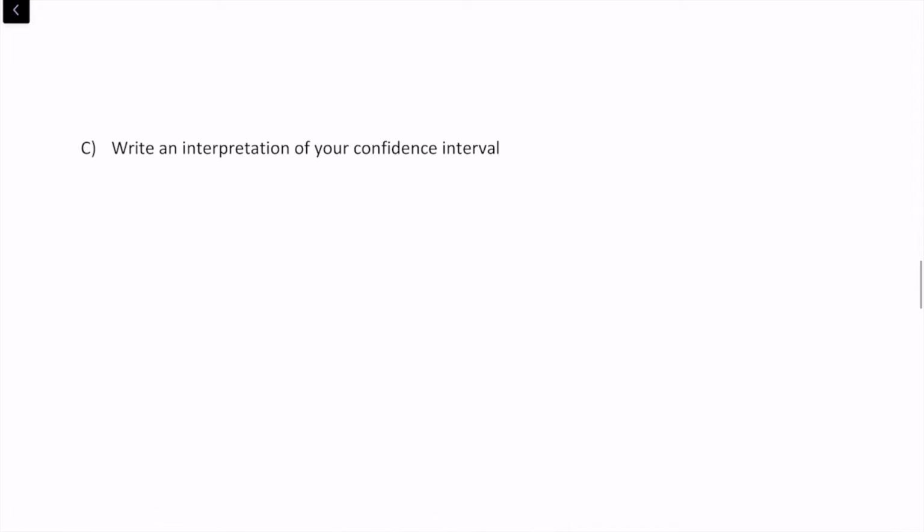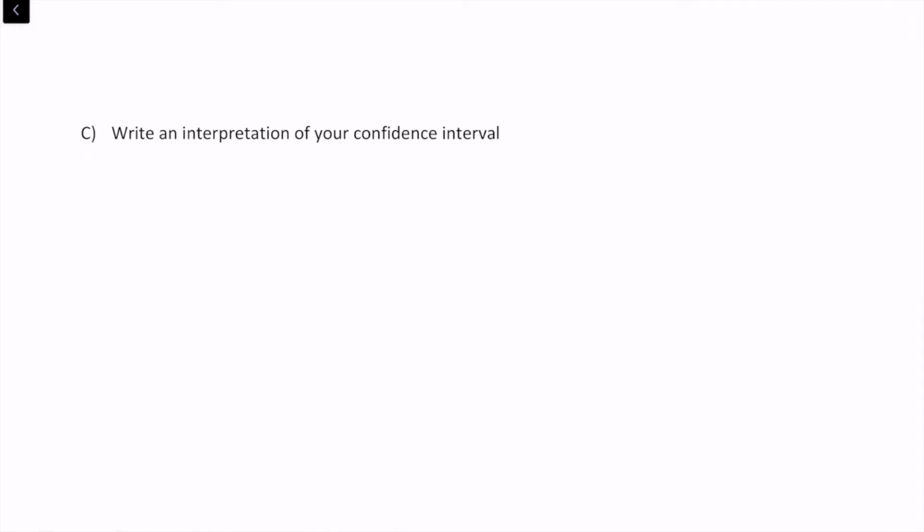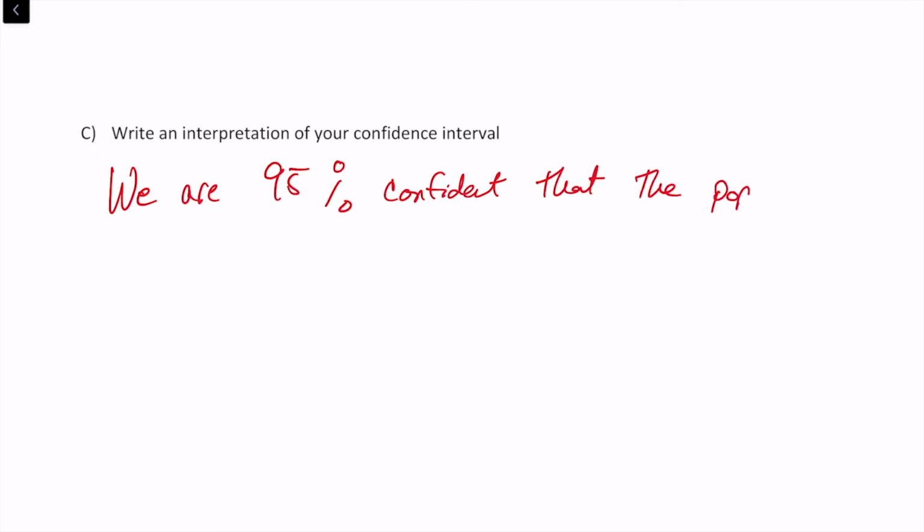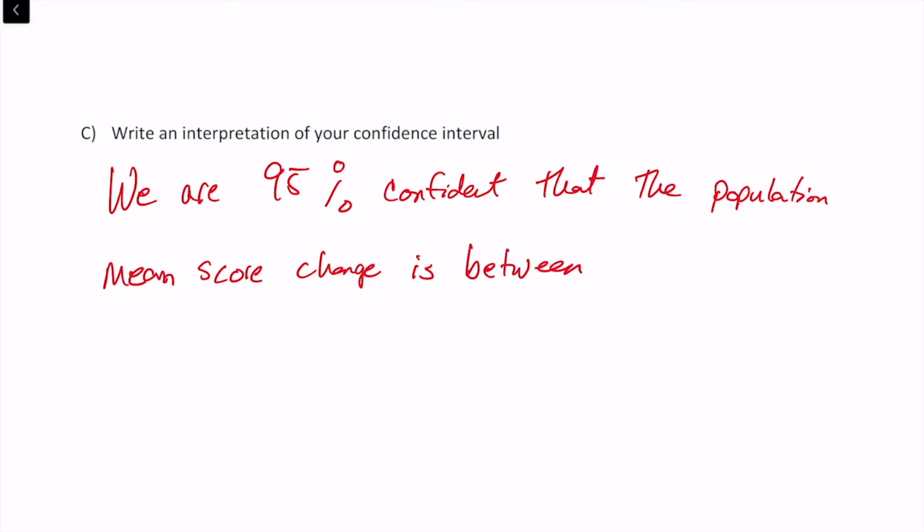Let's interpret it really quickly. Write an interpretation of your confidence interval. Hopefully you guys know the script by now. It goes, we are 95% confident that the population mean score change is between the two values that we calculated.